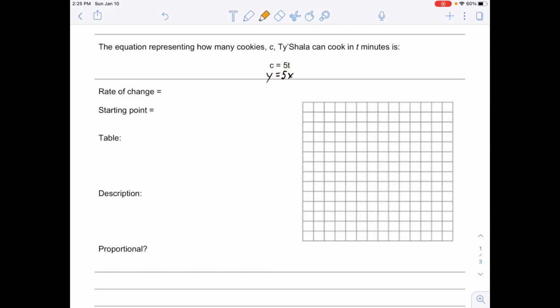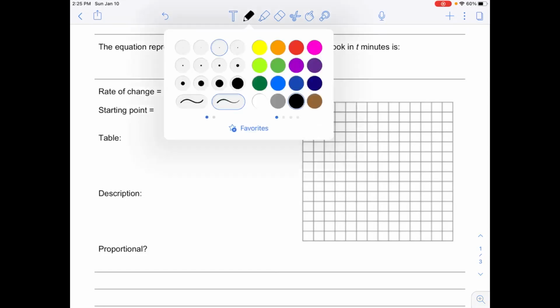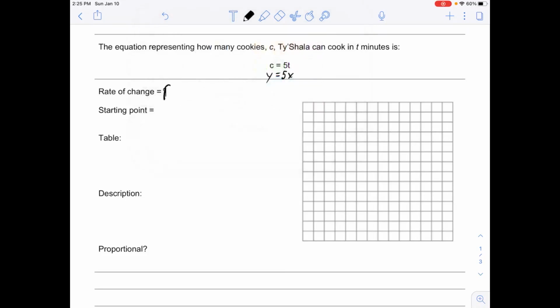Okay? Looking at this equation, we want to be able to look at this and immediately know what this equation means. So for example, C equals 5T. We know that that means that our rate of change, that is the number multiplying by the X, in this case, that's 5.